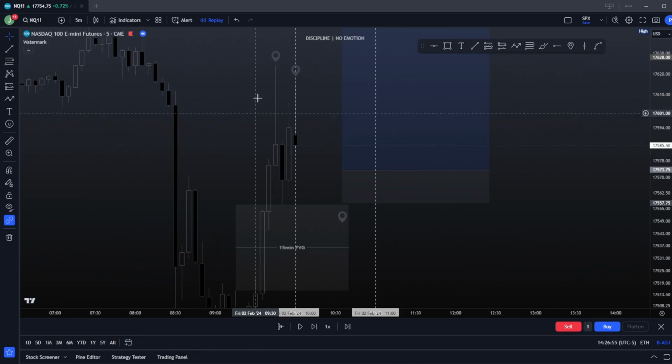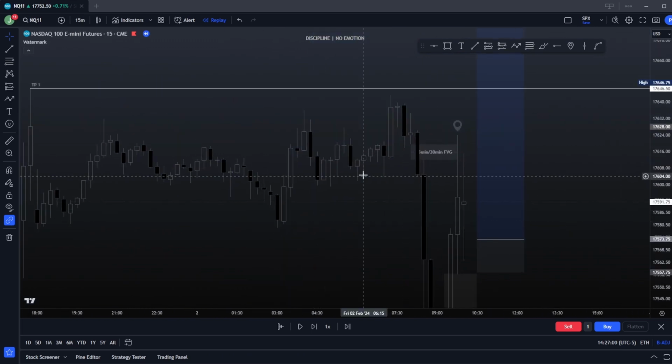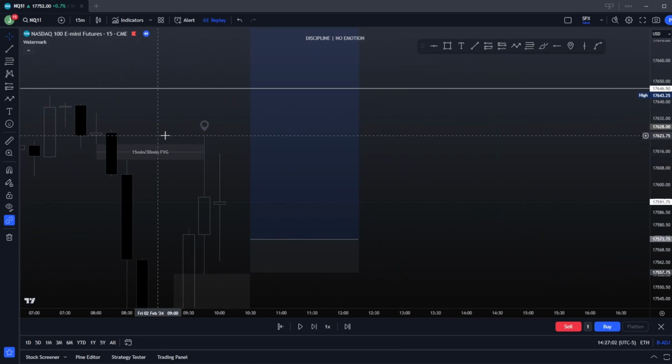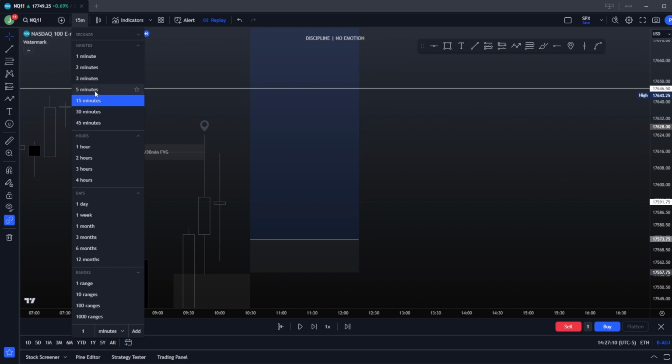So we don't have any higher time frame liquidity that we swept here, but moving to the higher time frame, we have a fair value gap that we actually tapped into. Like I said before, covering the fair value gap works as a magnet, and if we respect it, then we consider it a price continuation.